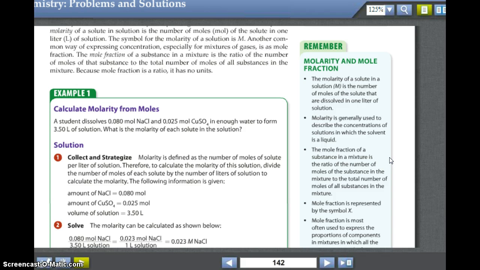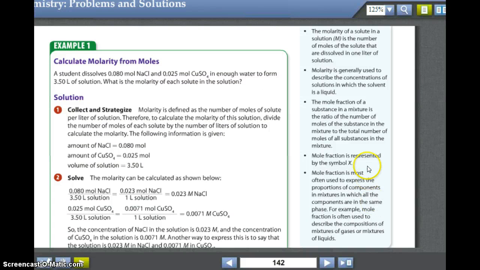The mole fraction of a substance in a mixture is the ratio of the number of moles of the substance in the mixture to the total number of moles of all substances in the mixture. Mole fraction is represented by the symbol capital X. I think it's also supposed to be italicized. Honestly, you don't see it all that often, so not the biggest, most important thing to remember.